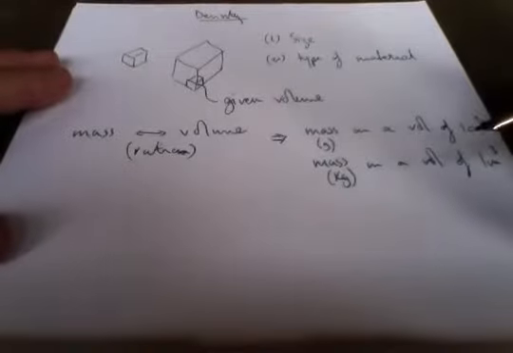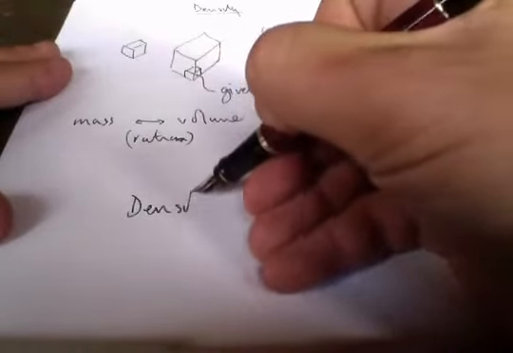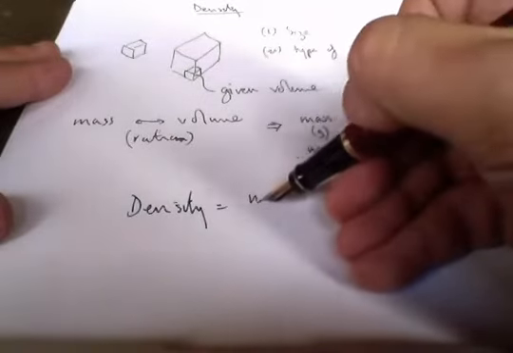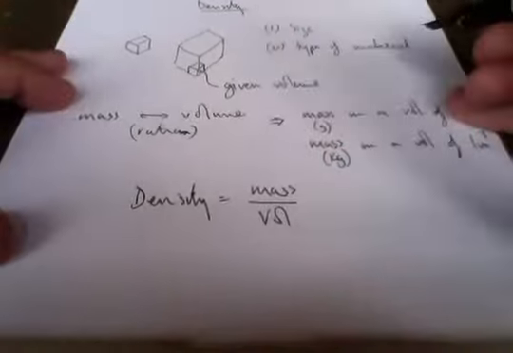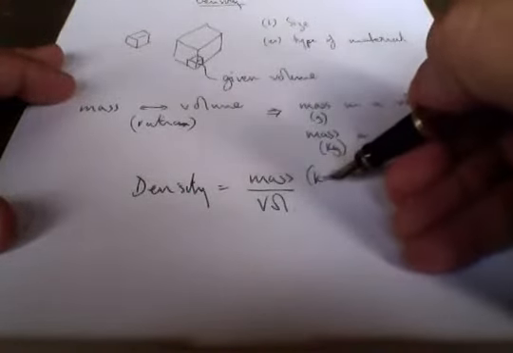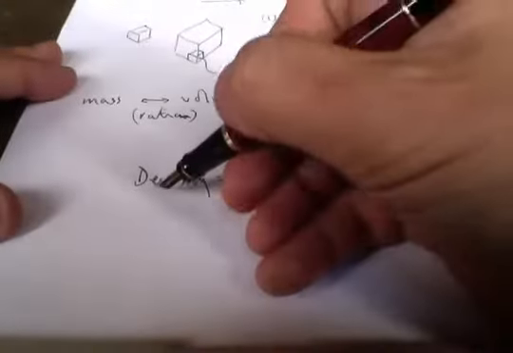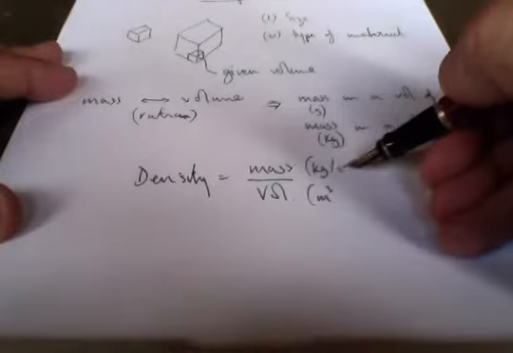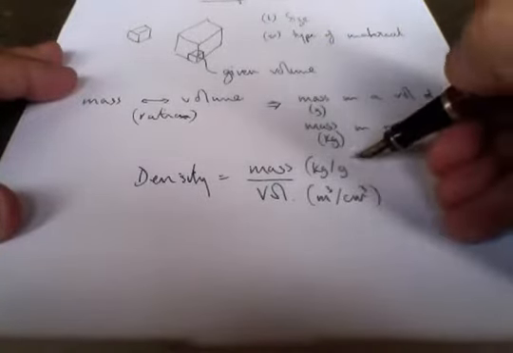Of course, it has a mathematical definition as well. Density is the mass per unit volume. If we have the mass in kilograms, we usually take the volume in meters cubed. If we take the mass in grams, we usually take the volume in centimeters cubed.